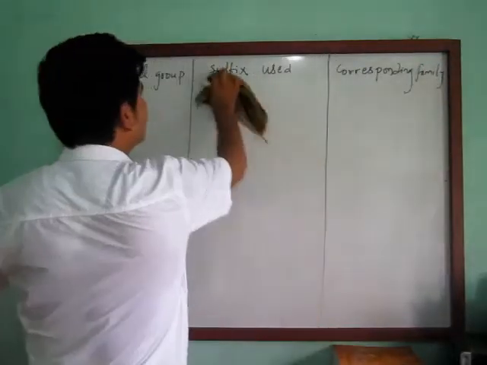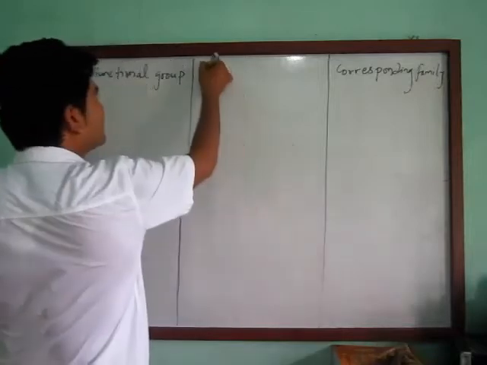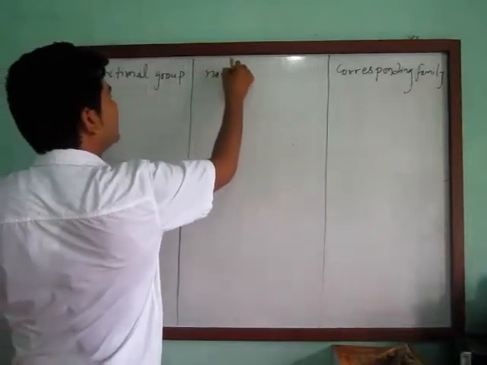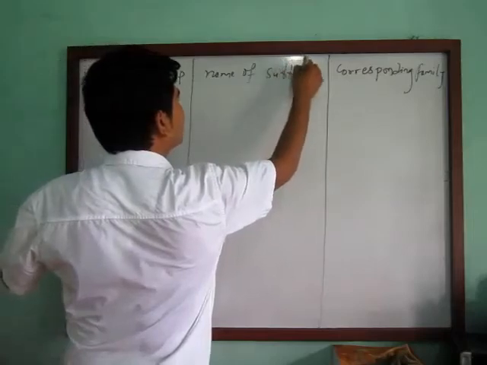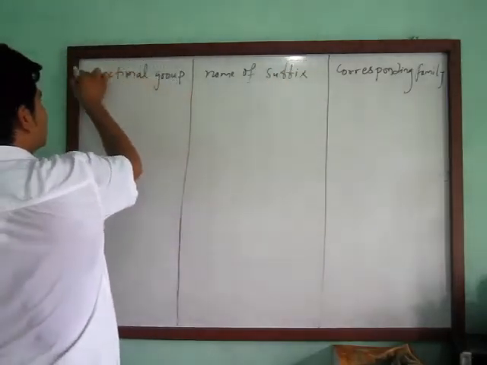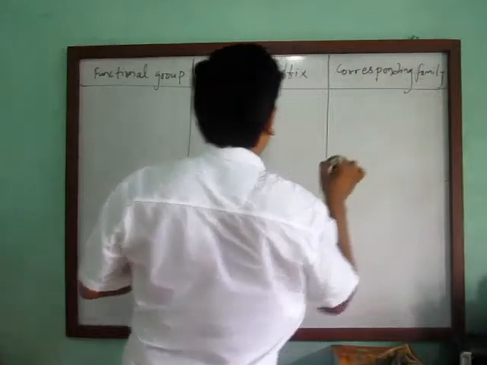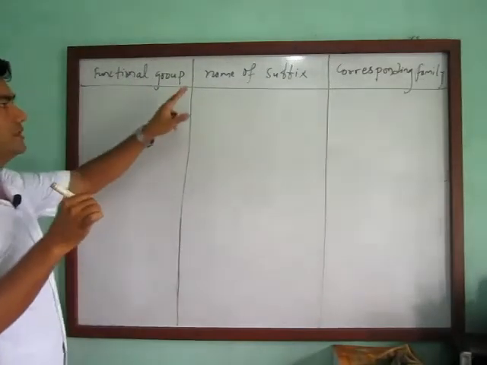Okay, here it is better to write name of suffix. Okay, no problem. Name of suffix. It is better to understand for you, name of suffix.